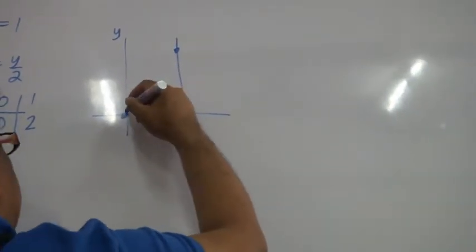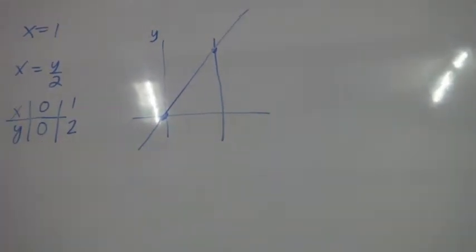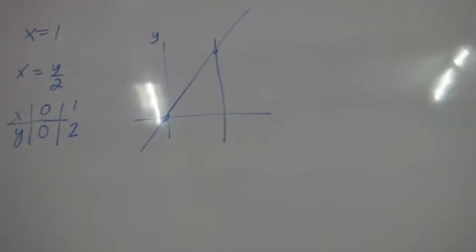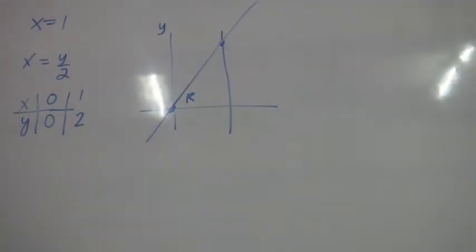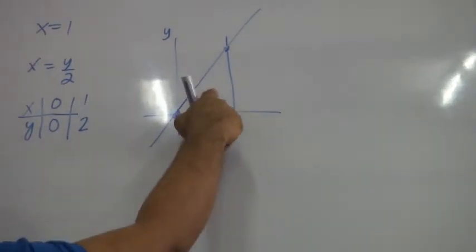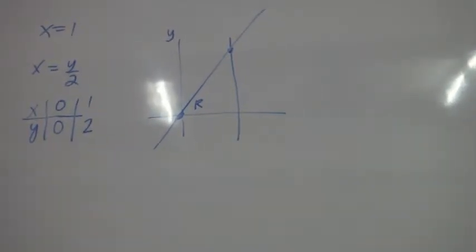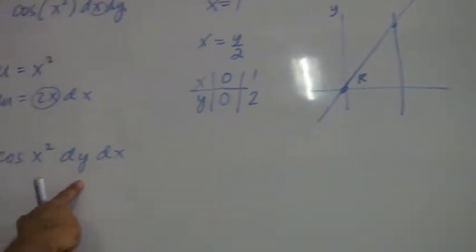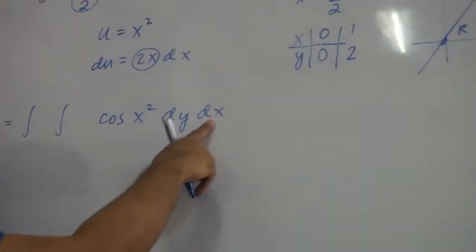Then let us now connect these 2 points. So the region now bounded by the two curves here, x equals 1 and x equals y over 2, is the region here, okay?